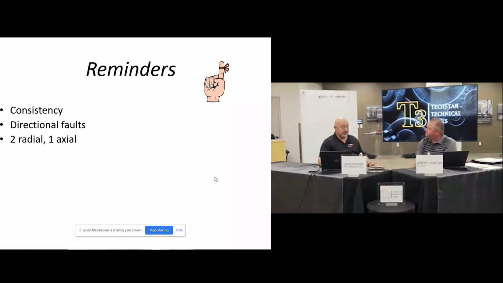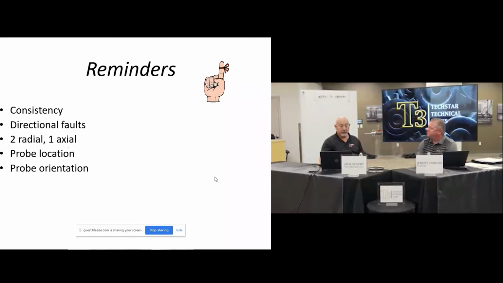Two radials and an axial. Try to take at least one axial per shaft. Probe location is very important. We talk about, let's say, an electric motor that has a fan guard. You can't get to the bearing, but where you'd really like to have your probe location is at the bearings themselves, on the bearing cap.